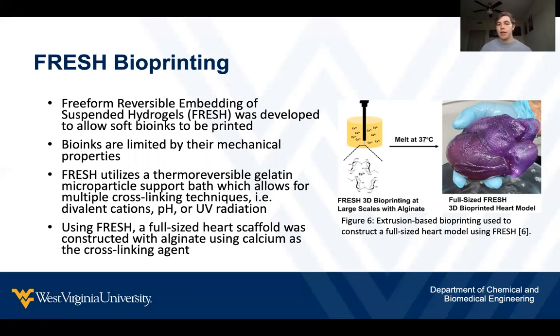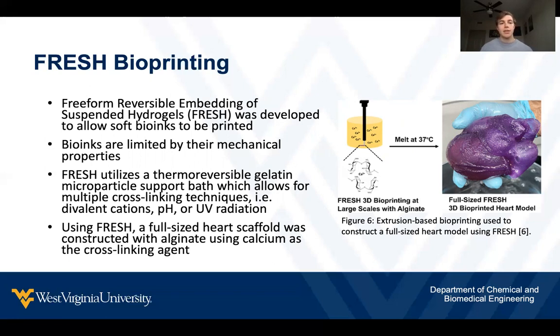In this paper that I read and studied, they used sodium alginate as the bioink and did not incorporate any cells into it. At this point, it's just used to create a full-size heart model. They used CT scans to create a 3D model of the heart, and created code that would then tell the 3D printer how to print this full-size model. The alginate bioink was cross-linked using calcium chloride, which was incorporated into the gelatin support bath.